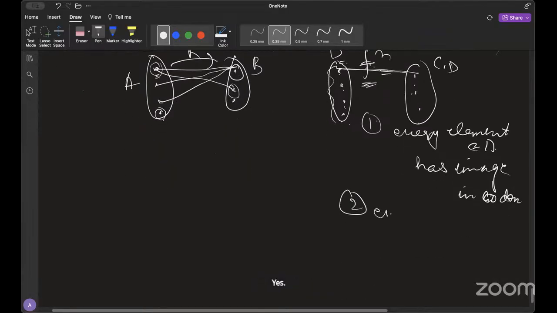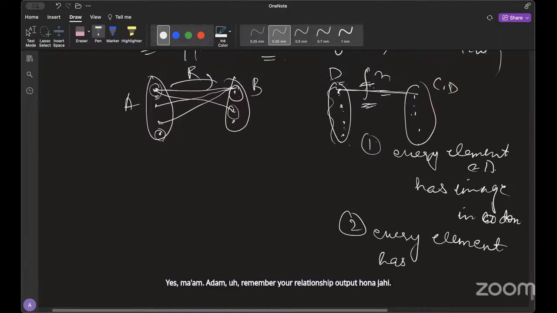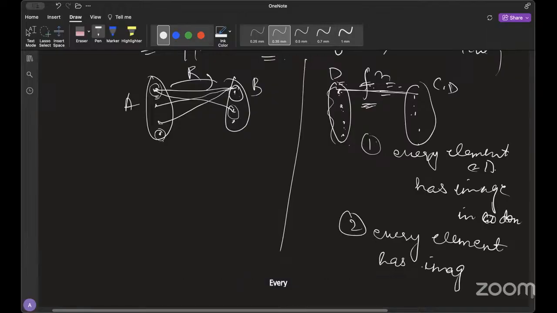Yes ma'am, so ma'am, this is about relations, that every input should have an output? No, this is functions. For a function, every input should have an output. Every element has one image, or you can say only one image.